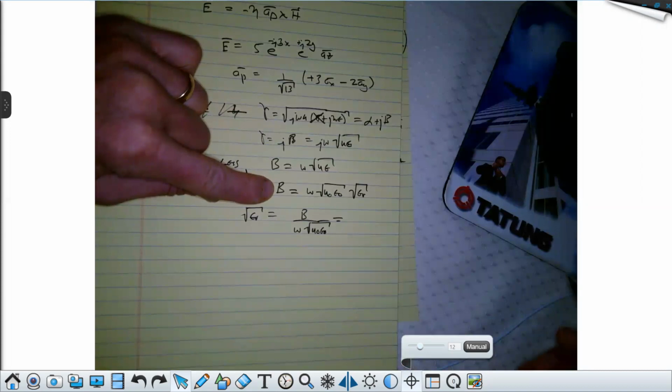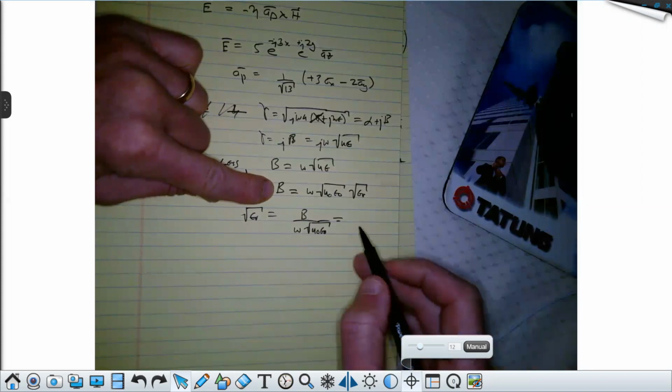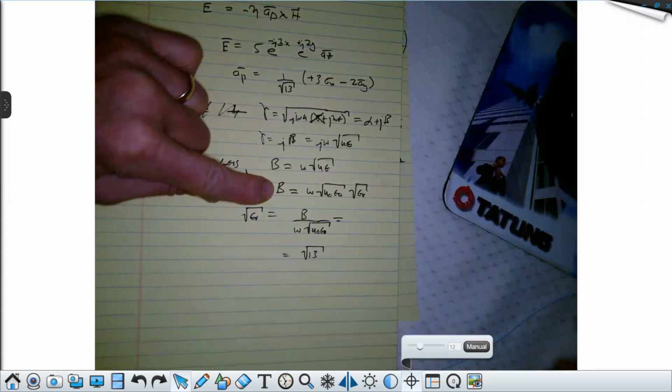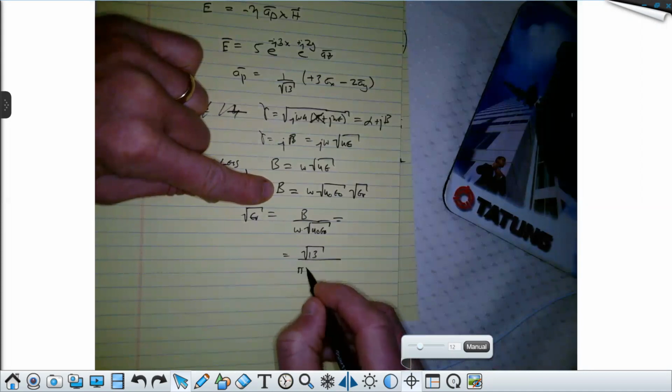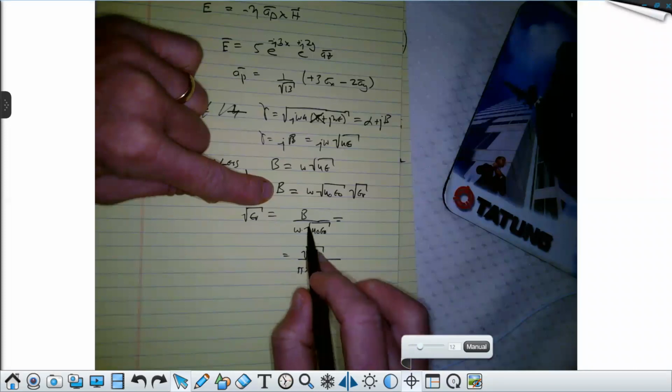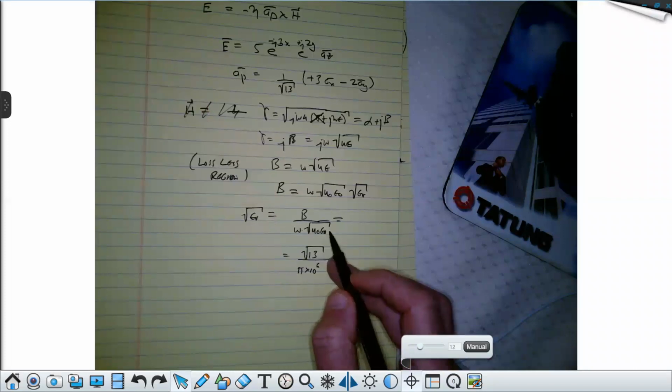That's square root of epsilon relative. Now follow me on this. Beta is square root of 13, right? Omega is pi times 10 to the 6th. Does anybody remember what 1 over the square root of mu naught epsilon naught is?